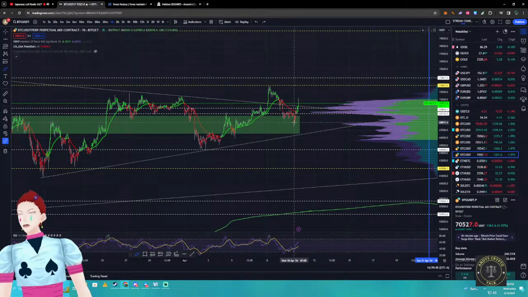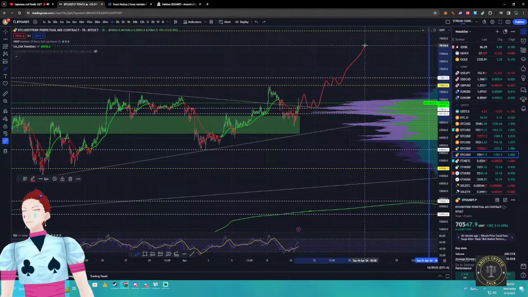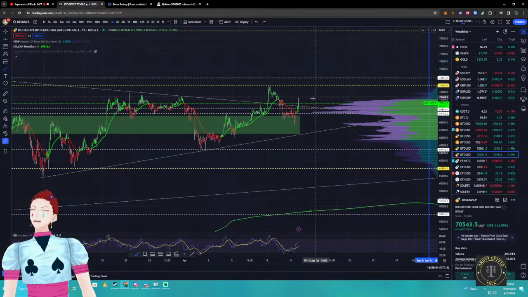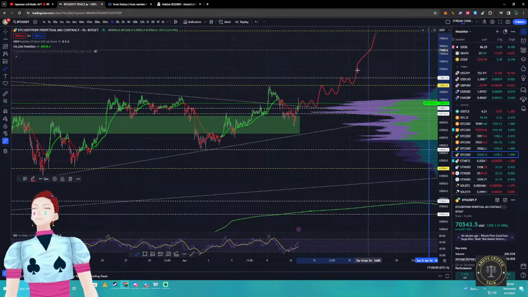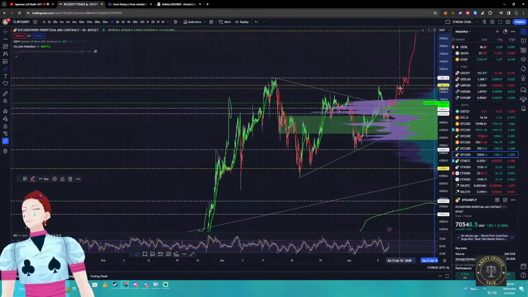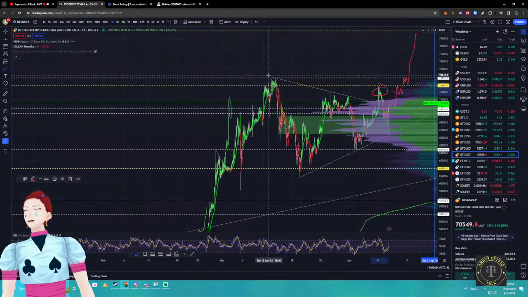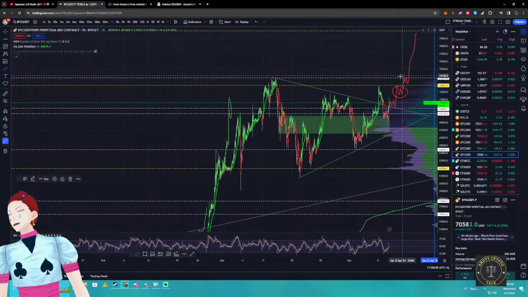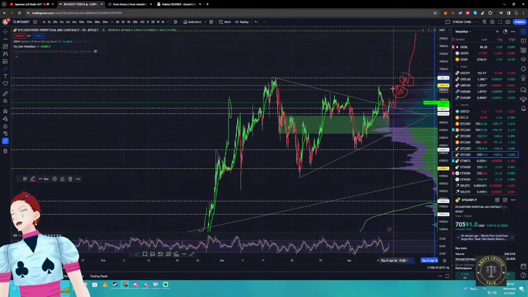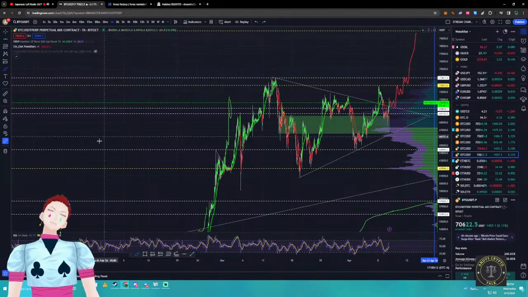But I think at this point that's not as likely as something like this. Actually probably would look closer to like this. And then we're off to the races, because it's got this sort of zone and this sort of zone to break through. So we'll see that structure out on the way up.